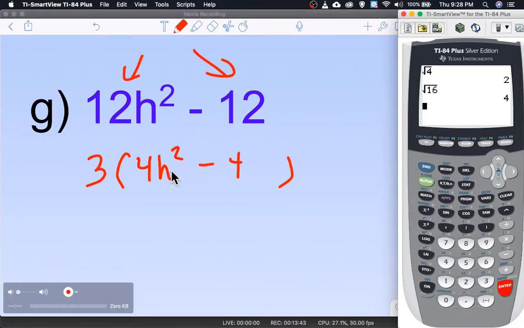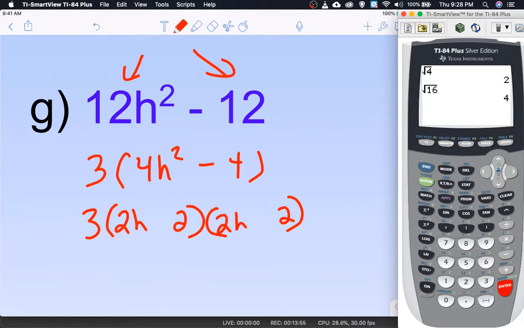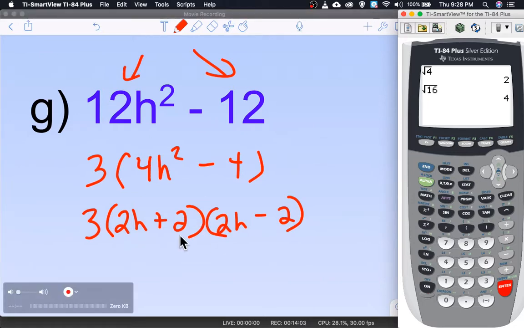And those are now both perfect squares. They weren't before. That would mean it would be 3 and 2h, 2h, one's a plus and one's a minus. I'm taking a good stab at this. I didn't actually run through the math yet. I'm pretty sure this will work though.